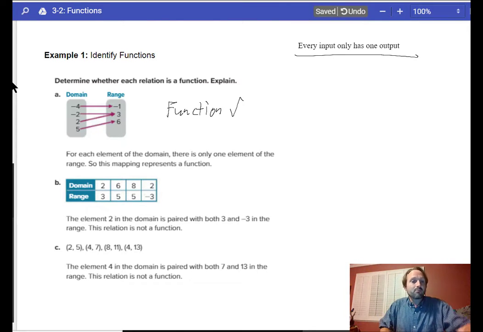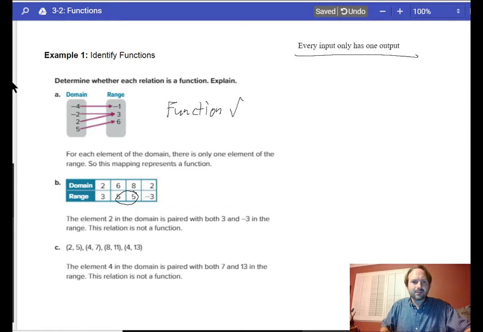So let's look at B. The 2 goes to 3, the 6, 5, 8, 5, 2, -3. Now some people might go, hey, look, they share two 5s. Well, we don't care about that. Remember the Coke? You push Coke, you got a cherry Coke. You put Dasani, you got a cherry Coke. The machine's not broken. Every button gave you a cherry Coke.